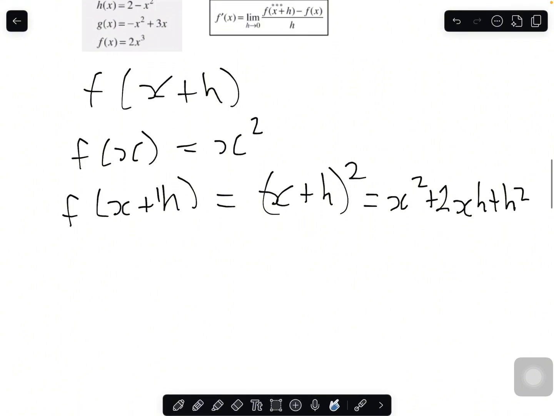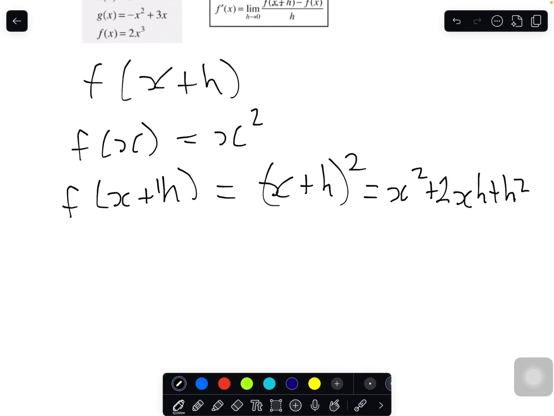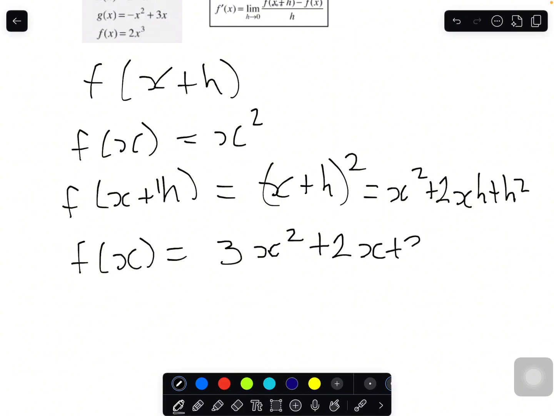Now you may also have a function. Let's look at a function where we have more variations to this. So let's say we had f of x is now equal to, let's say, 3x squared plus 2x plus 3. And what would this then look like if we took it into f of x plus h? So we're going to look here.